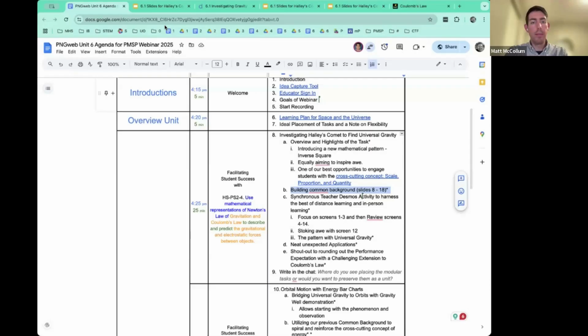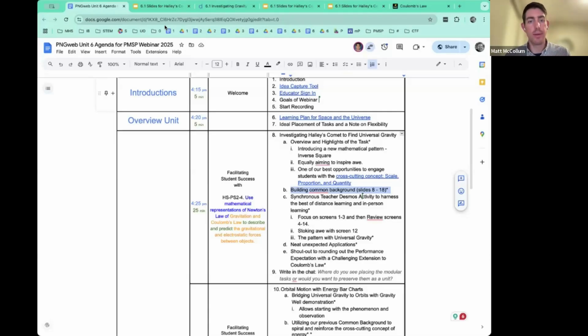Yeah, thanks, Bradford. So the big idea is that this is equal parts trying to introduce a new mathematical pattern, in this case inverse squared, which is a combination of square and inverse, but also equally to inspire awe, thinking about big ideas.